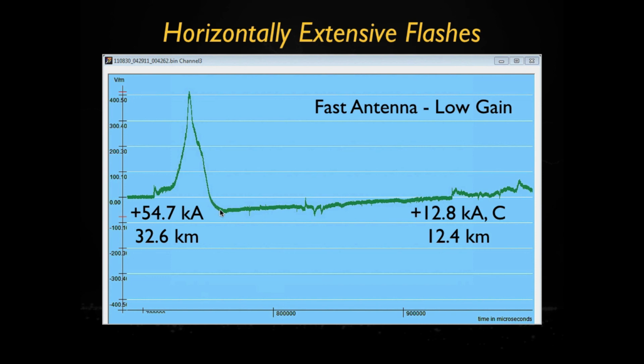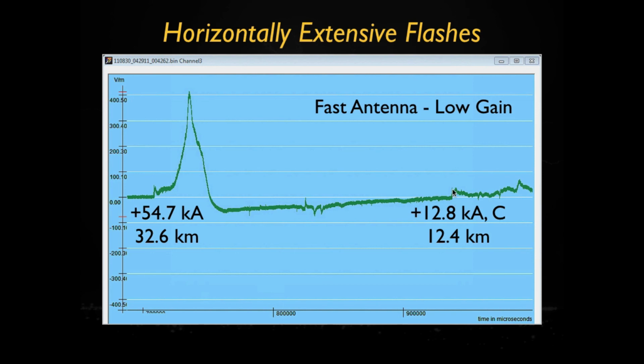But we get the reversal, and then we start picking up visually the positive leader development that's developing to ground and the associated recoil leaders, which are reflected in these small deviations. And then eventually, one of the positive leaders makes another contact to ground.